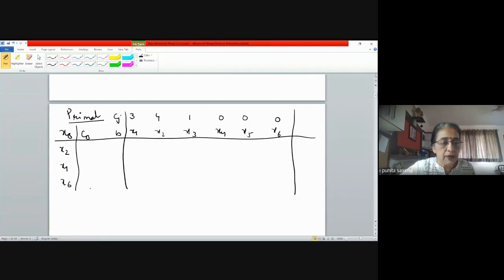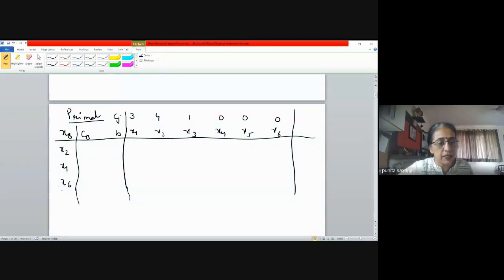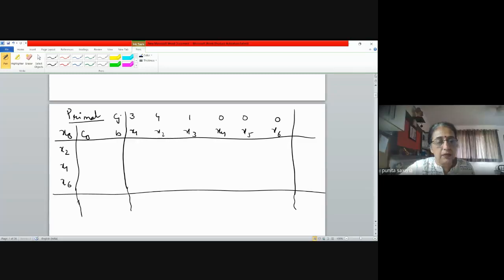These are the 3 basic variables in the optimal table. x5 is not there. x2, x1, x6. If you wrote x5, you made a mistake. Is that okay?